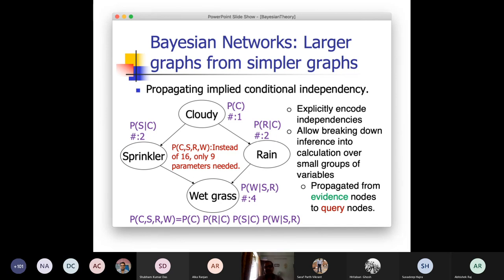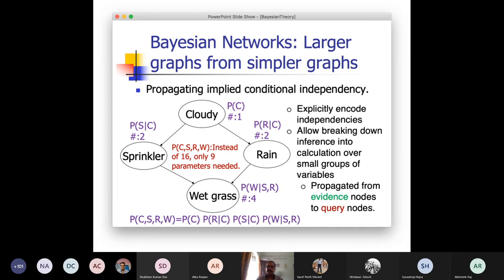And these are certain advantages. First, it explicitly encodes independencies, and then you can compute locally and then aggregate them. There are algorithms; unless you go through the algorithms, it will not be very clear to you.